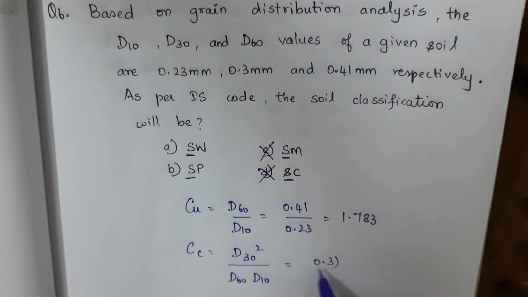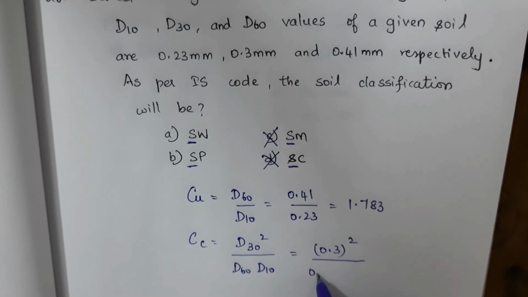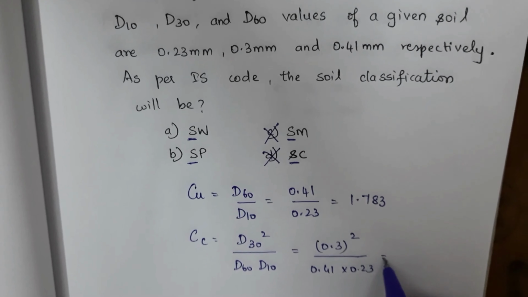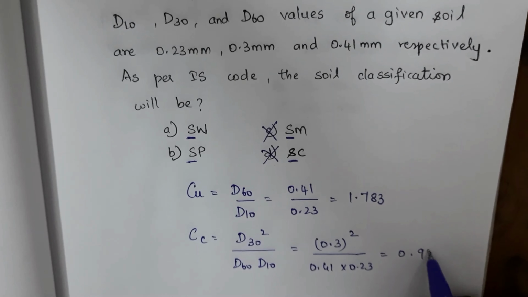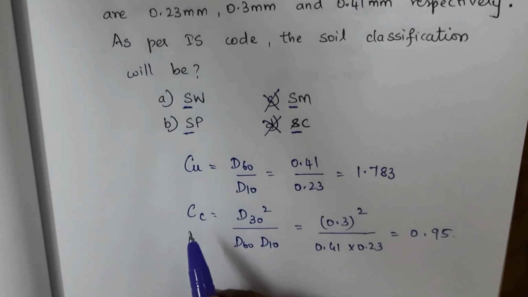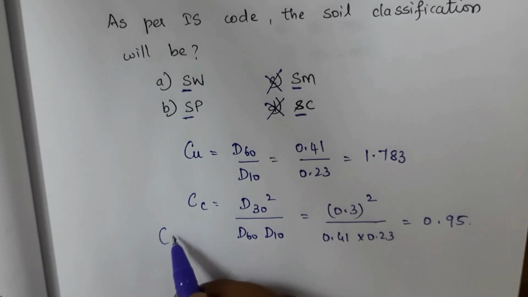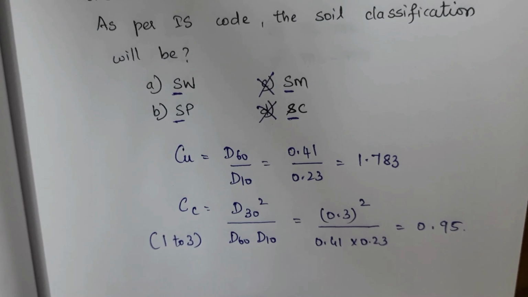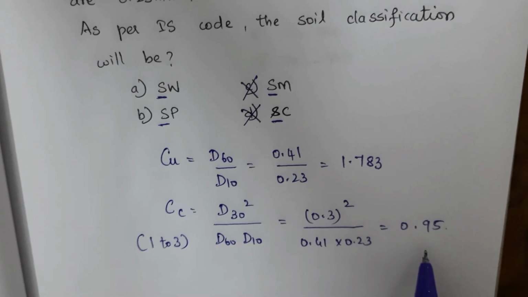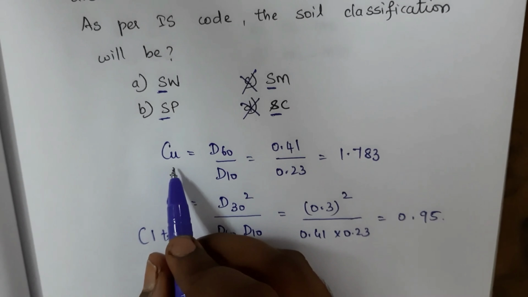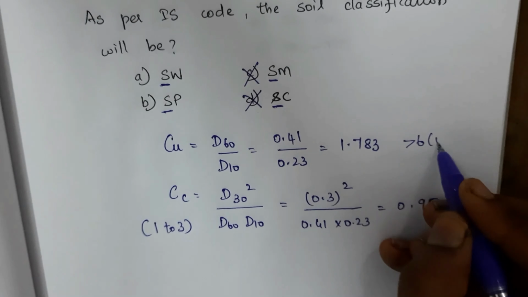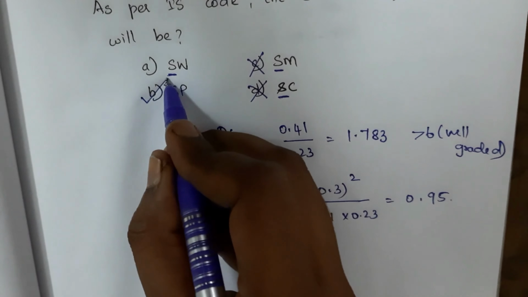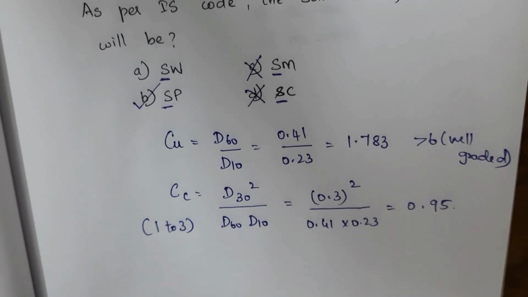So it is 0.3 square divided by 0.41 into 0.23. The answer is 0.95. We know the ranges as well. Cc should be between 1 to 3 for well graded. With remembering this only, we can say it as poorly graded, but also Cu should be greater than 6 for well graded. So the answer is SP. It is poorly graded sand.